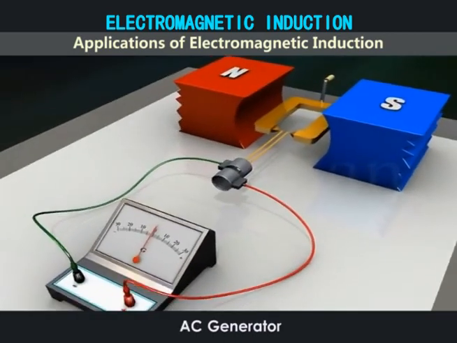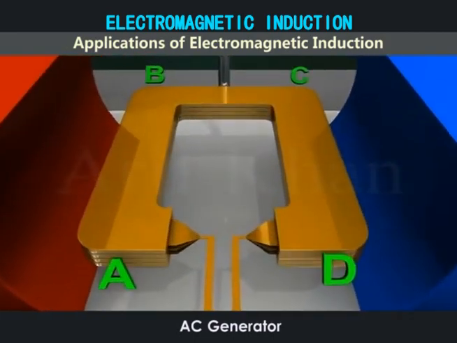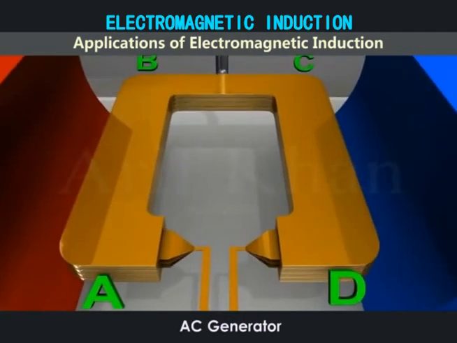An AC generator has an armature ABCD, which is a rectangular coil of many turns wound around a soft iron core.